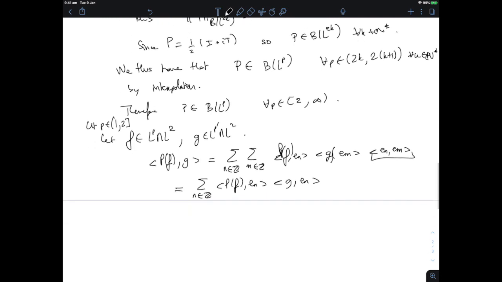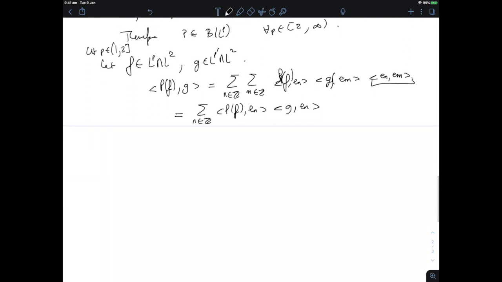But then Pf(n) is 0 unless n is a natural number. That's the definition of P. And then it's equal to f(n) whenever n is a natural number. So this is what that is, and this is certainly equal to the sum for n in Z of f(n) P(g)(n), right?